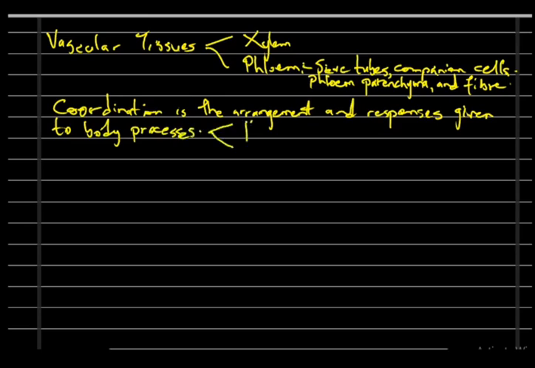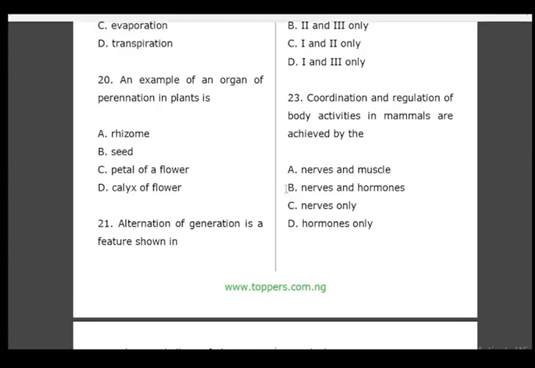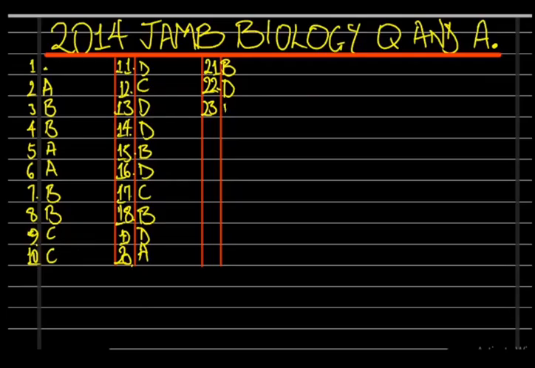We have hormonal coordination and we have nervous coordination. So those are the two types of coordination that we have. Hormonal coordination makes use of hormones, nervous coordination makes use of muscles and neurons. So that is where our answer lies. So that is option B, nerves and hormones. So we move to question 24.